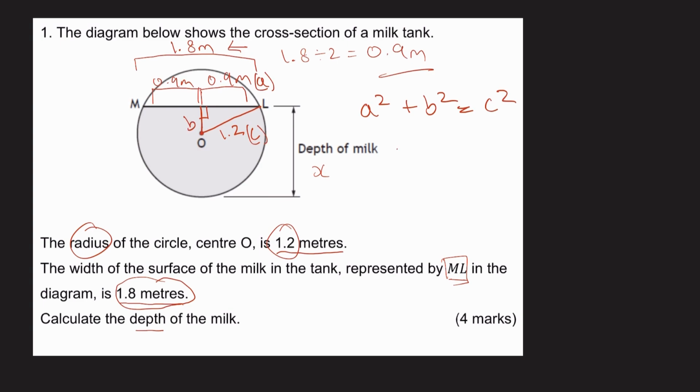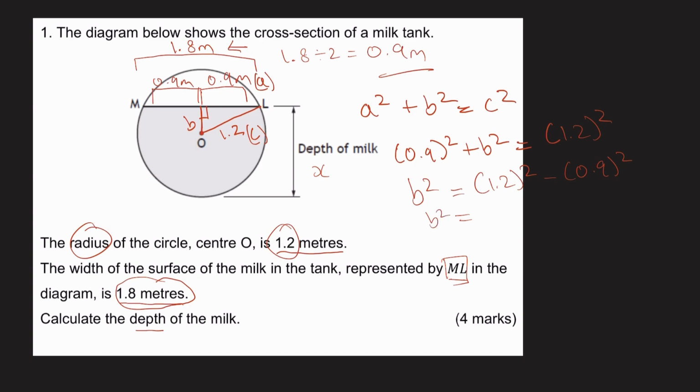So instead of writing a, we're going to write 0.9 squared plus b squared equals 1.2 squared. And now we'll just solve what these numbers are. Actually, first I'm going to rearrange it just to make everything a lot nicer. So I'll write 1.2 squared, take away 0.9 squared.